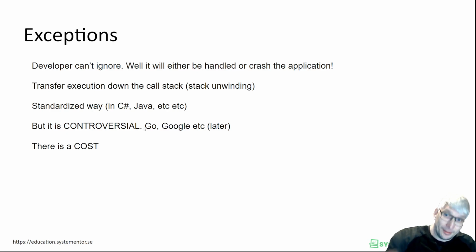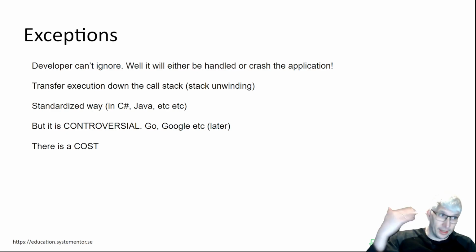I will also show you a link to the C++ policies used internally at Google, their policy on how to code C++ when you are an employee at Google, and you're not supposed to use exceptions.